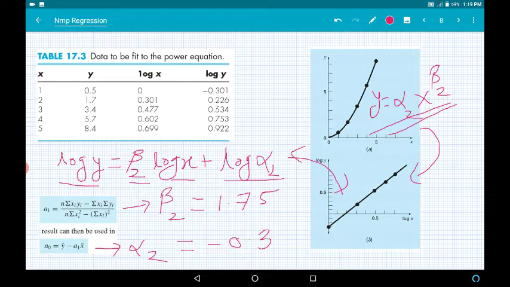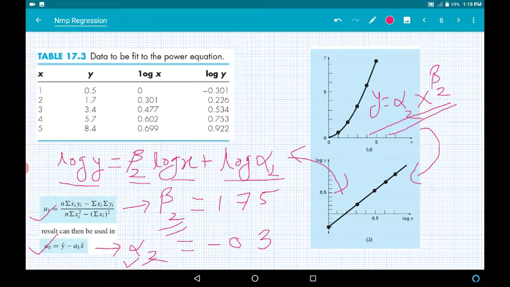All I have to do is use the same method as we used in linear regression and find the coefficients a1 and a0. a1 and a0 in linear regression are equivalent to beta 2 and log alpha 2 here. So beta 2 will be calculated as we calculated a1, and a0 as we calculated a0 in the earlier examples, and from that I will calculate alpha 2.